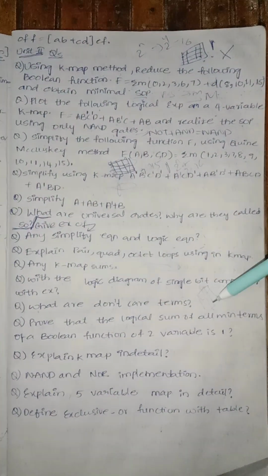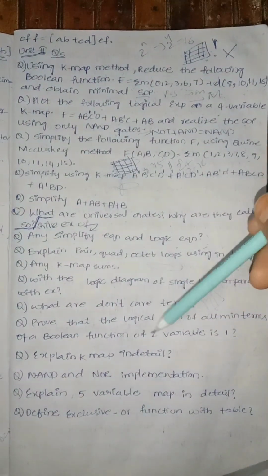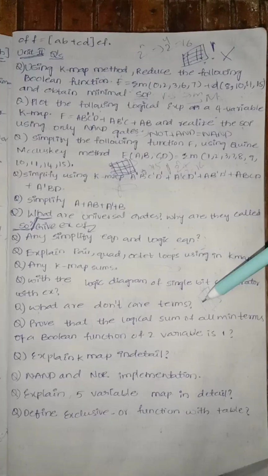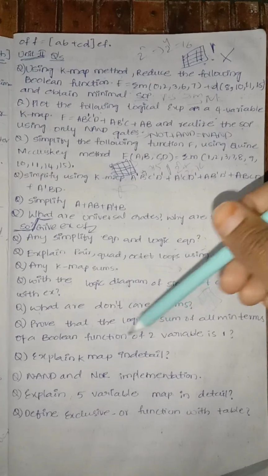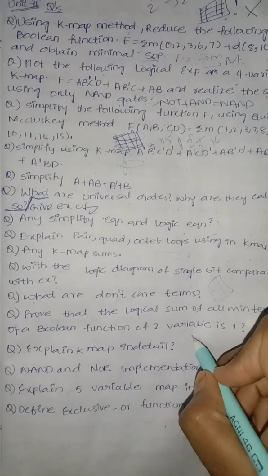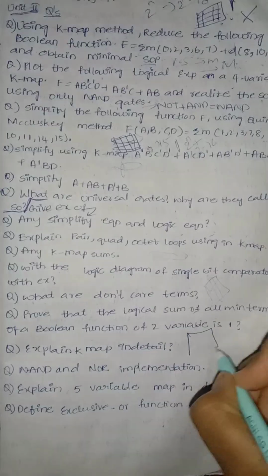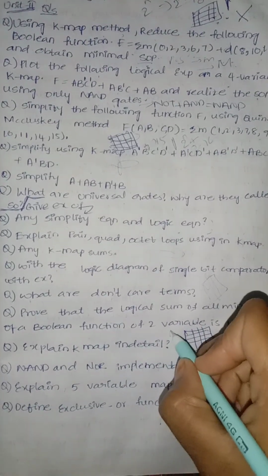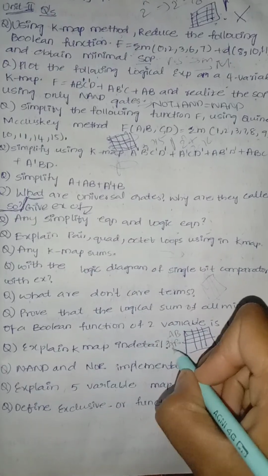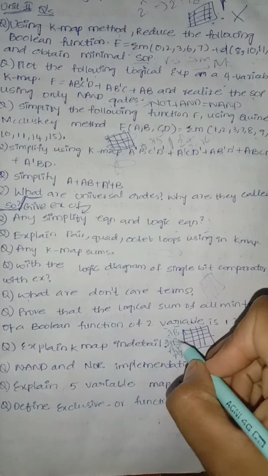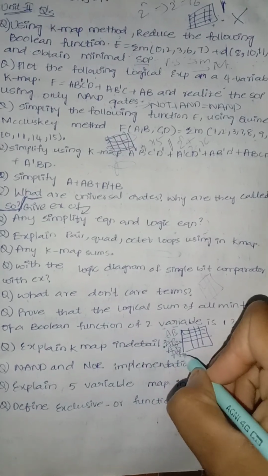Prove that the logical sum of all minterms of a Boolean function of 2 variables is 1. Explain it in detail. For the logical sum of all minterms of a Boolean expression of 2 variables being 1, we need to explain whether it is correct or wrong. Performing the K-map, we will take 2 variables: a bar b bar, a bar b, a b bar, a b.